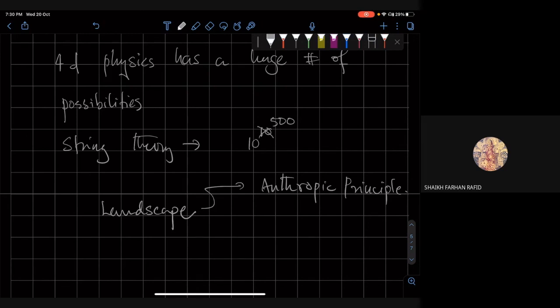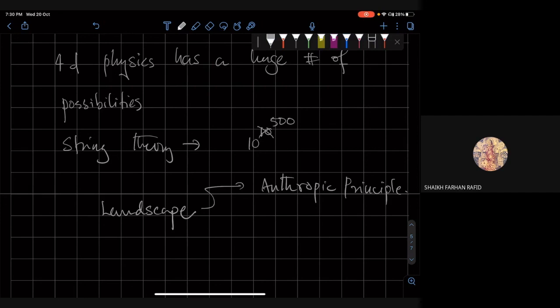So we might ask the question, why aren't there sophisticated life forms on more planets? One of the answers would be that, for a planet to sustain life as we know it, it has to satisfy a lot of conditions.